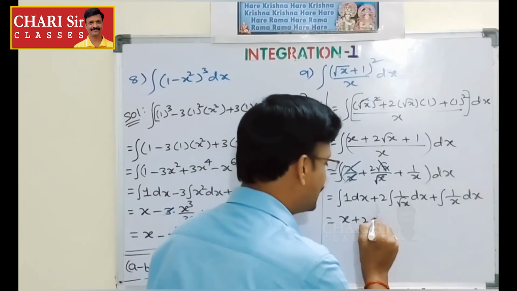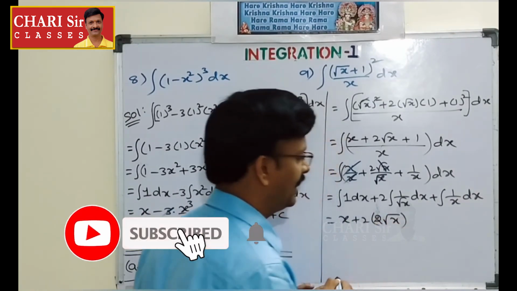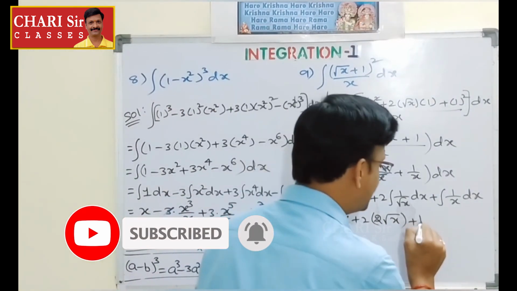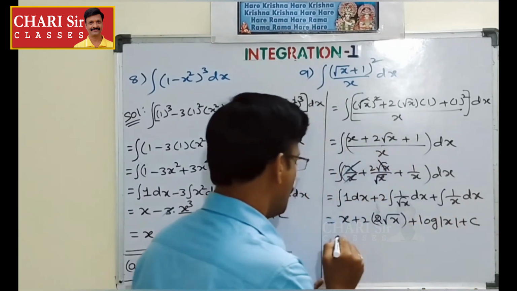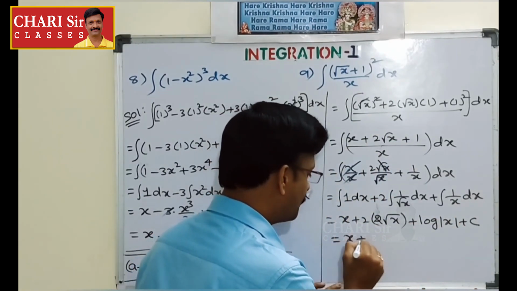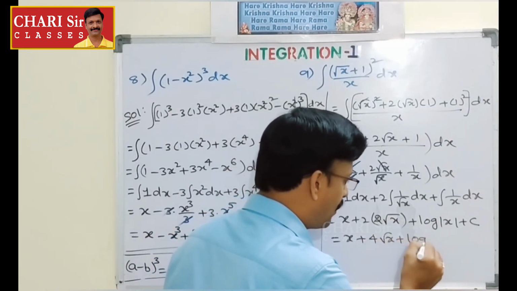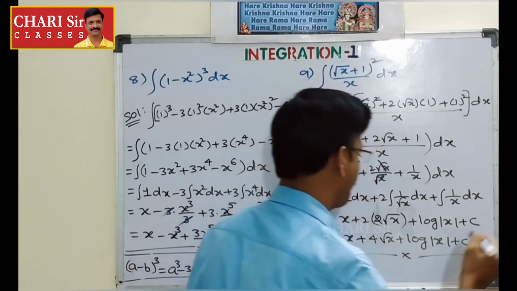Integration of 1 by root x is 2 root x. And plus integration of 1 by x. Integration of 1 by x is log mod x plus c. That is equal to x plus 2 into 2, that is 4 root x, plus log mod x and plus c. So this is your answer.